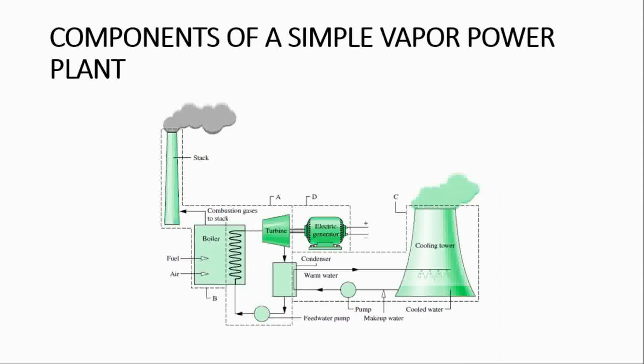We have a boiler or steam generating unit on this side, and then we have the turbine, the electric generator, the condenser, the pump, and the cooling tower. And of course, we have the stack, no? So, i-discuss naman yan maya-maya.